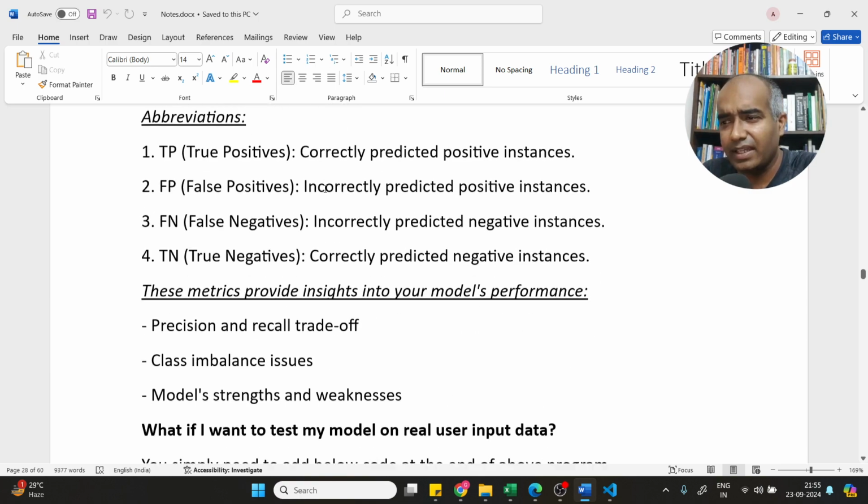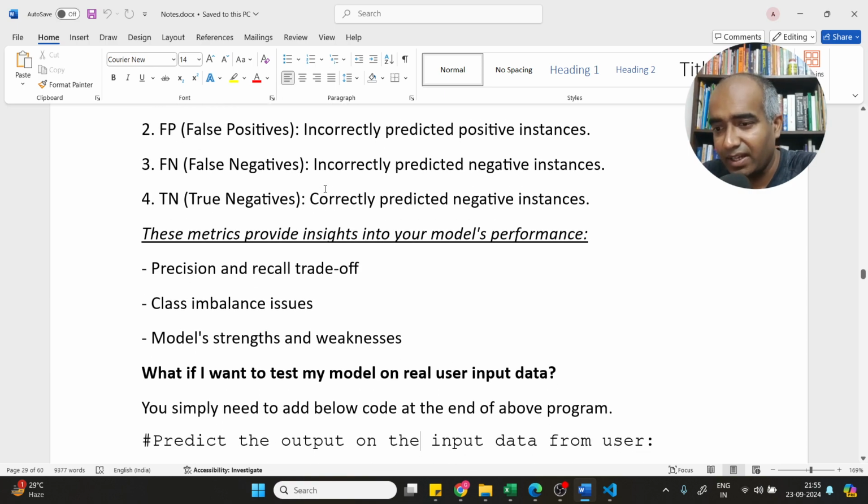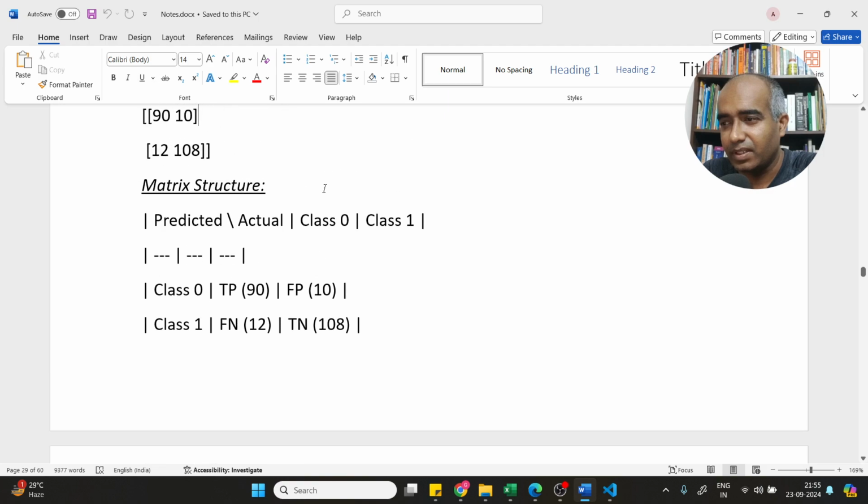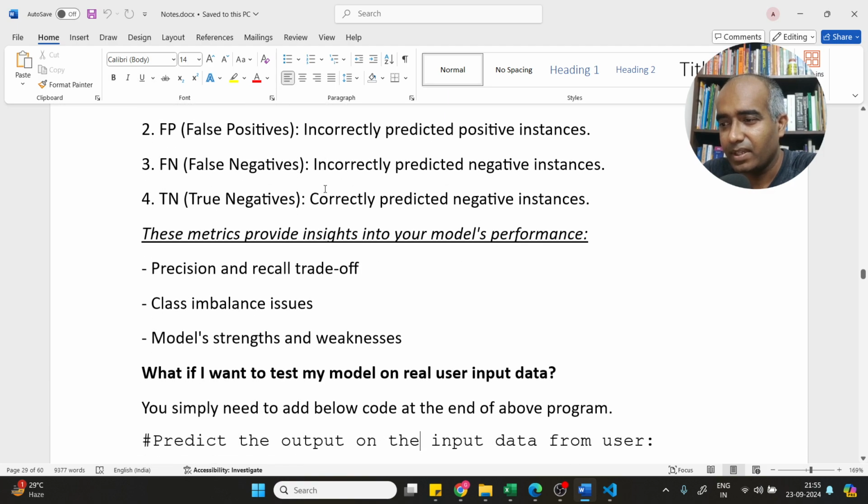So you can see that it is fairly performing well, right? So this is all about the confusion matrix and the kind of insight these things provide to you. Precision and recall trade-off, class imbalance issues, and the model's strengths and weaknesses, all these three things can be inferred from these results.